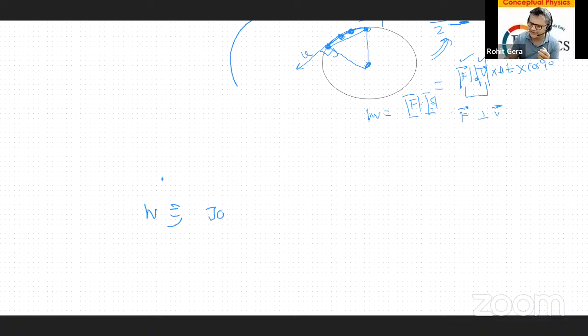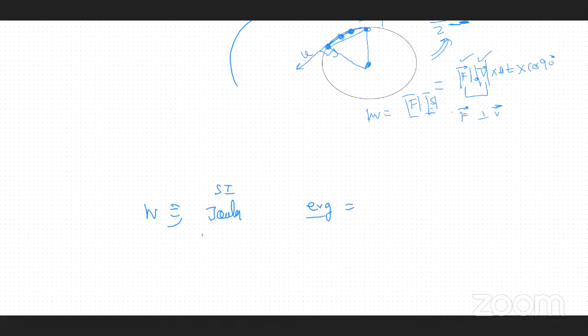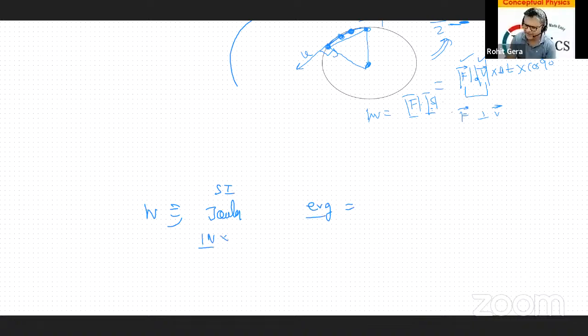And this is your SI unit. And if you want to convert it into ergs, which is the CGS unit, so 1 Newton force displacing a body of 1 meter in the same direction will mean 1 joule. 1 erg is when 1 dyne of force displaces a body by 1 centimeter. So you can convert newtons into ergs.